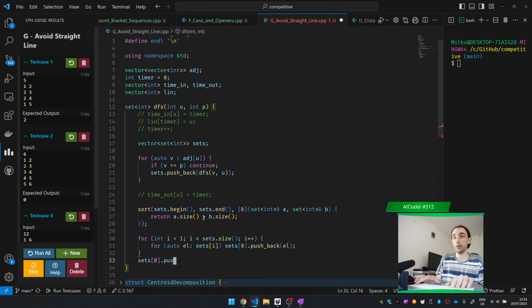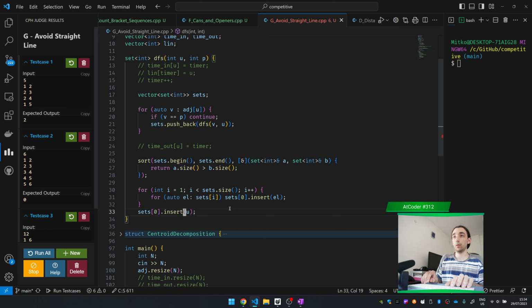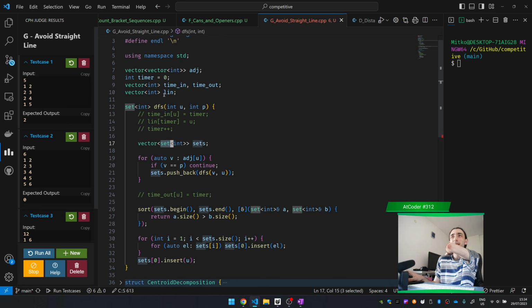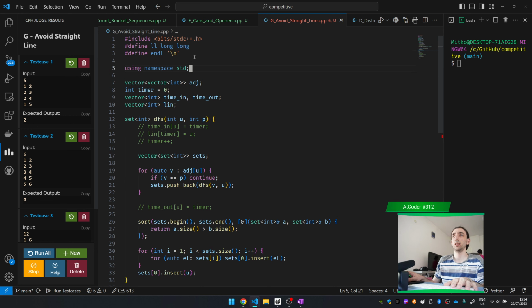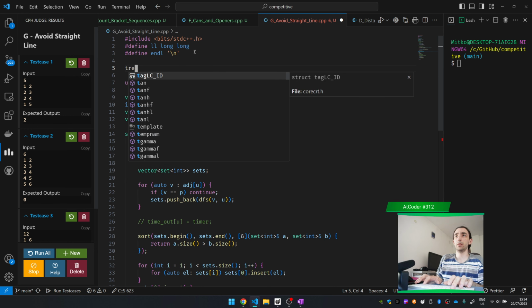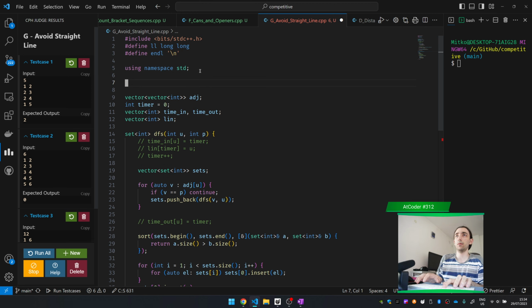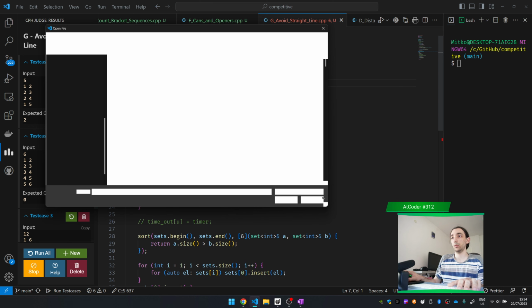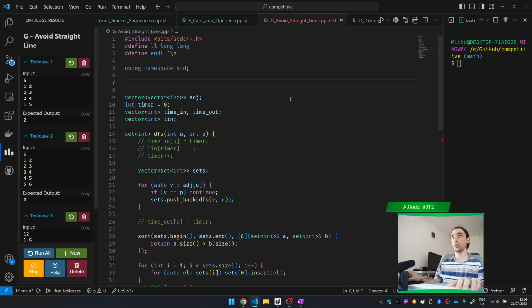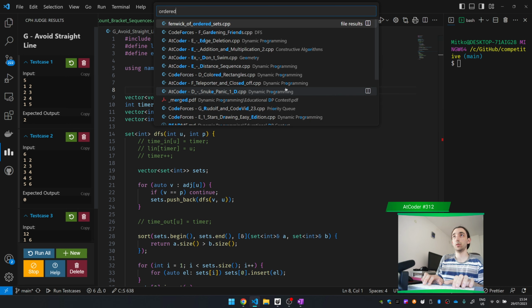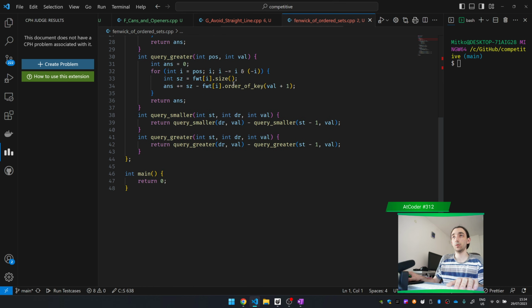You want to insert U here, and then insert that here, of course. This is a set, but you need an ordered set, right? This is going to be computationally heavy. Ordered set. Family tree of ordered.